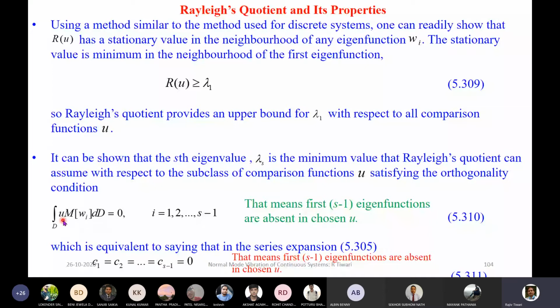That's why, according to the orthogonality conditions, we get this term as 0.